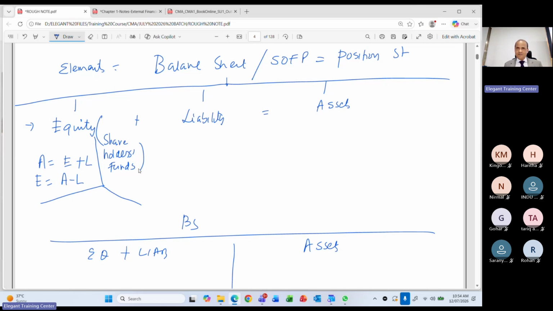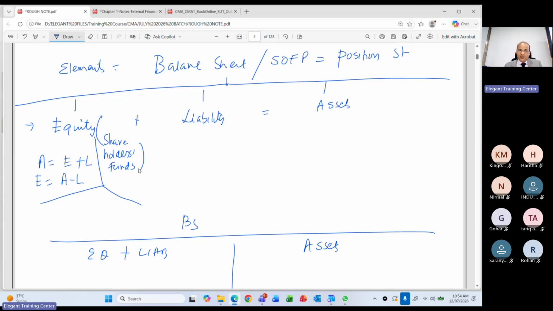Shareholders funds. Funds do not only mean capital. Whatever belongs to the shareholders is called shareholders funds, also equity. Whatever belongs to the shareholders is called equity or shareholders funds.